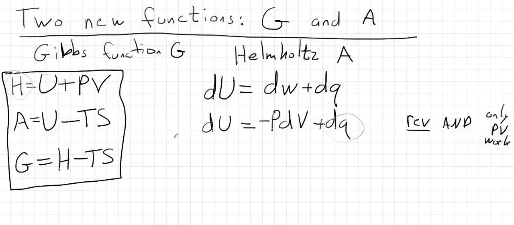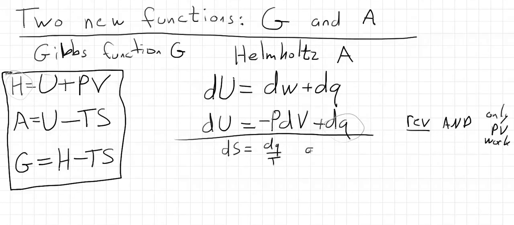Let's pause here and say, wait a second, if we're looking at reversible processes, then we can say that dS is equal to dq over T, and we stated over here that we were working reversibly. So we can multiply through by dT and get dq is equal to T times dS.